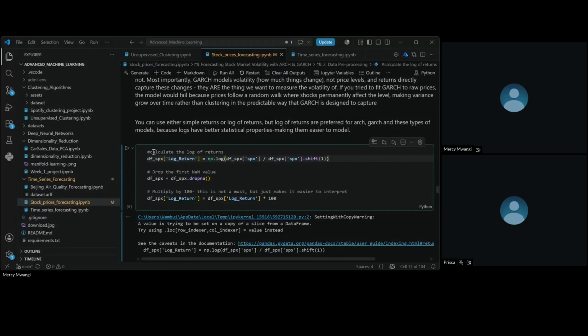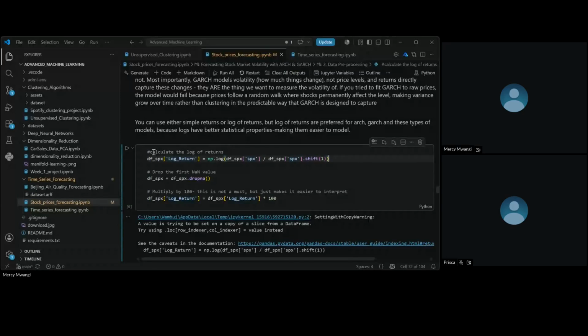Deterministic just means if I say 1 plus 1, it's always going to give me 2. When we transform things to log transforms, we give those values an upper hand statistically. We make them more statistically stable, which makes it easy to model, which makes it easy to translate them mathematically.